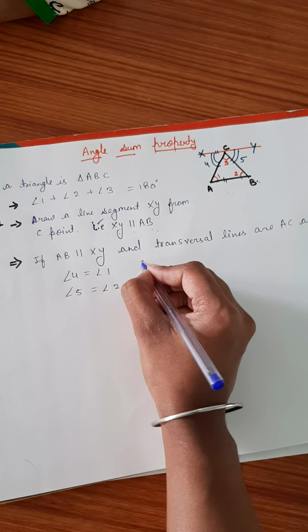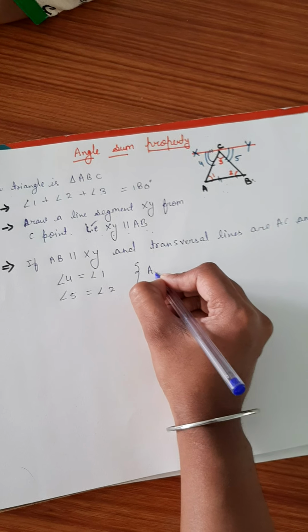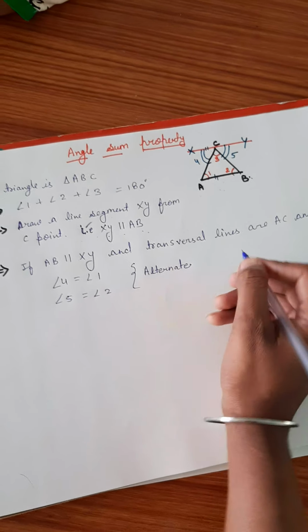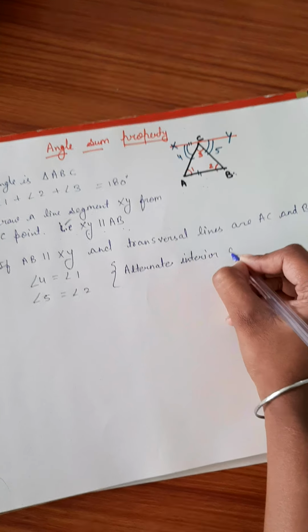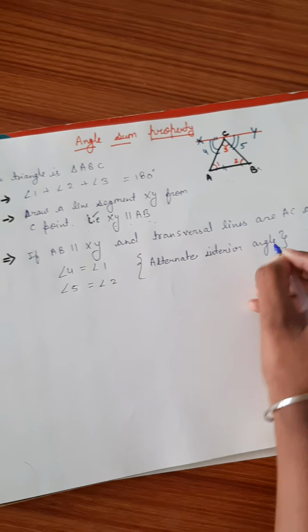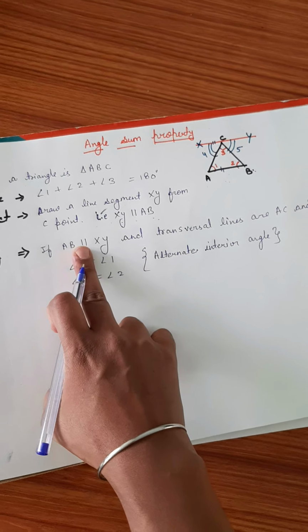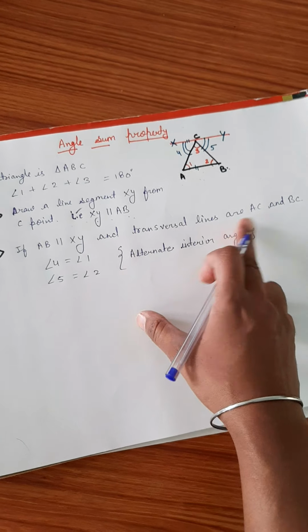The reason you have to always write in a bracket: alternate interior angles. These are the reasons why these angles are equal, because we know AB is parallel to XY and the transversal lines are AC and BC.